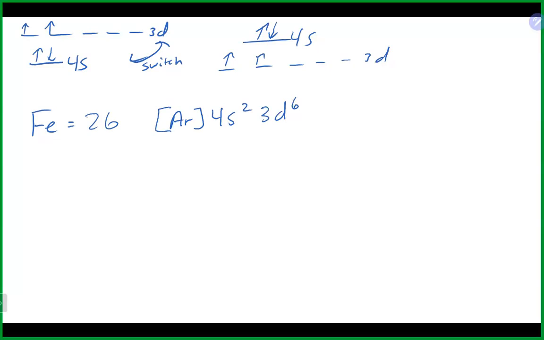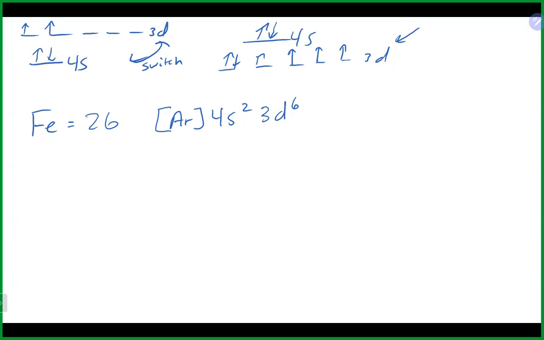So this would be the electron configuration of iron with no charge. And what will happen with iron with no charge is it will have this switch that will occur. After the electrons go in there, its ending orbital diagram will look something like that, right? With our 2 in our s and our 6 there in our d.